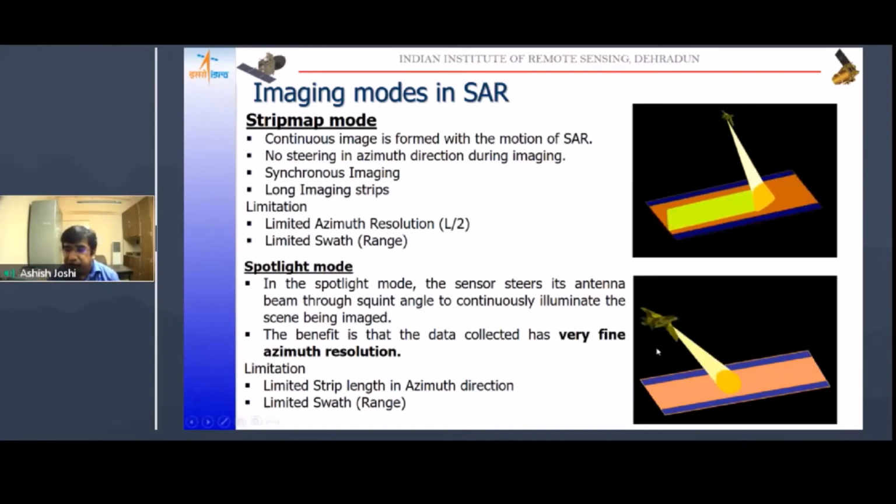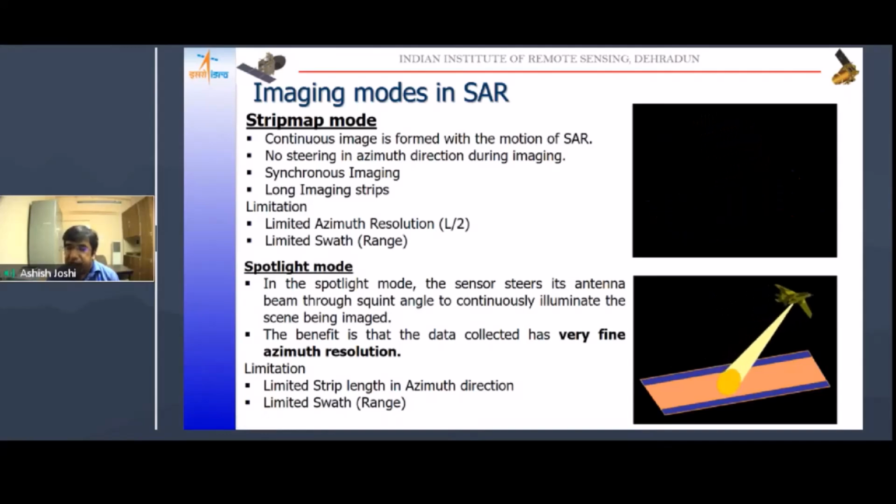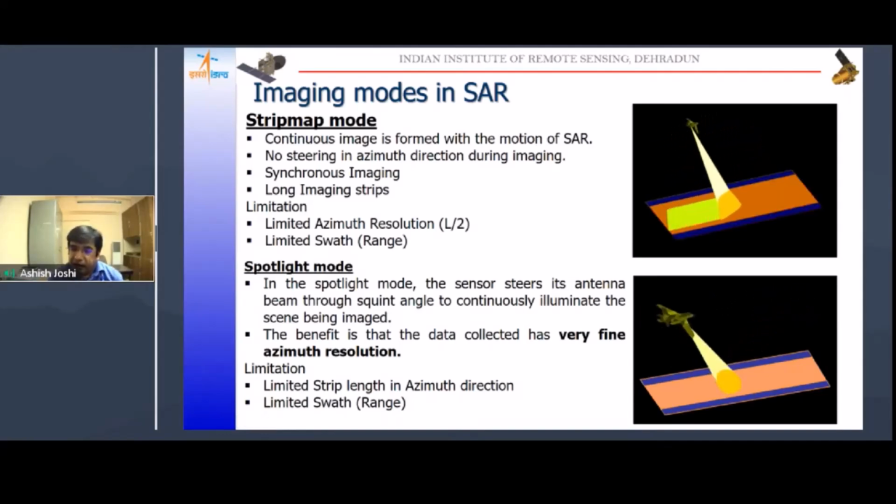So if we increase the synthetic aperture, then we will get a higher resolution. So what is the technique to get a larger synthetic aperture? If we can look at the surface for a longer duration of time. So if we steer our antenna and, rather than looking at every scene, concentrate on a particular ROI, steering our antenna to that particular scene.